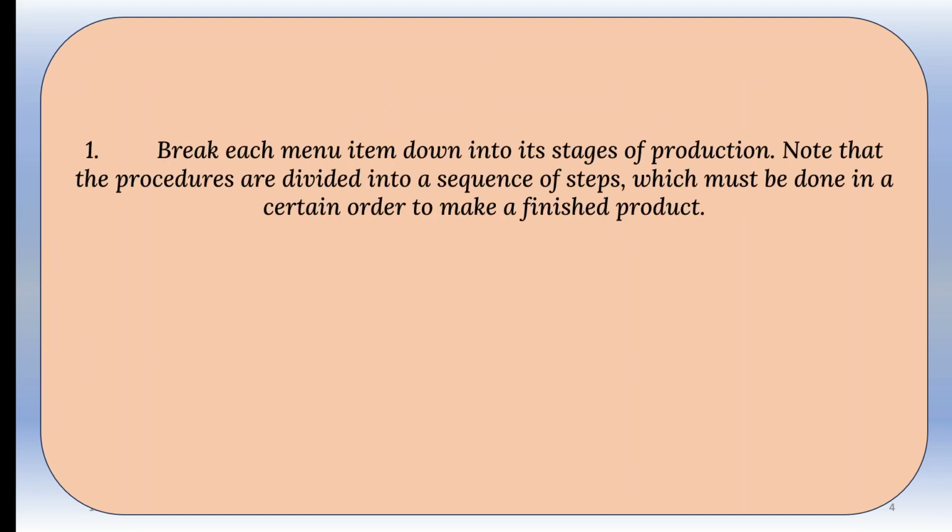break each menu item down into its stages of production. One menu item can be prepared in multiple stages, so you have to break down your task. Note that the procedures are divided into a sequence of steps. There has to be a proper sequence that must be followed, done in a certain order to make a finished product.